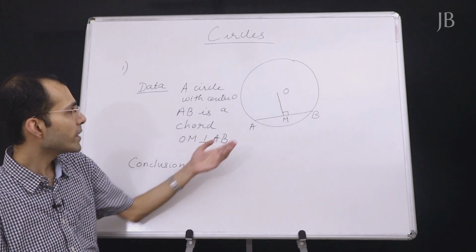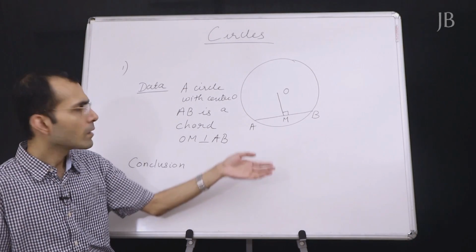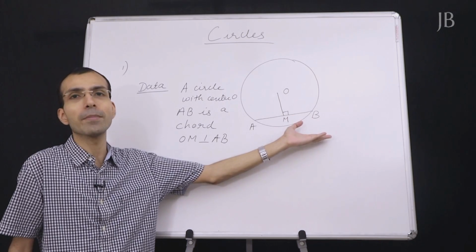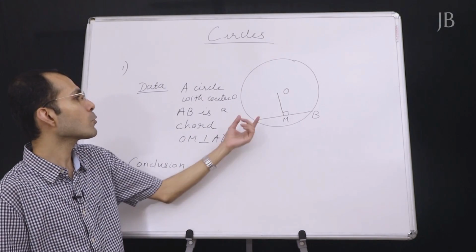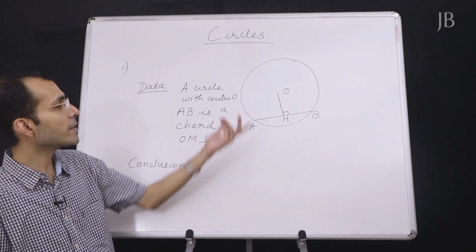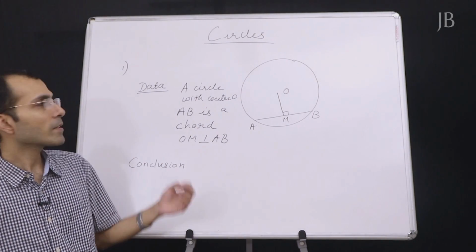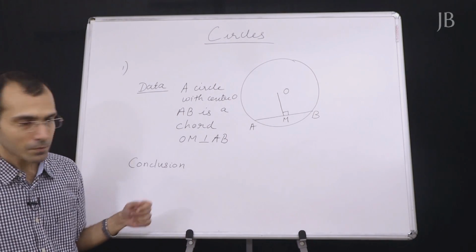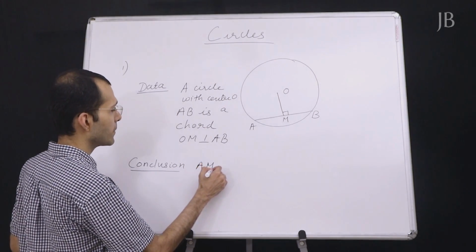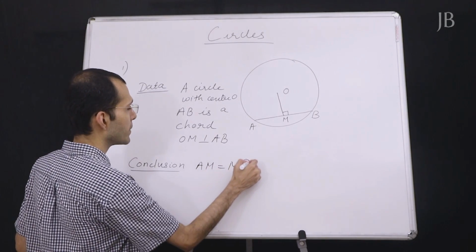Now what we did, we never took M as the midpoint. We simply drew OM perpendicular to AB. Our intention was never to make AM and MB equal. However, it automatically turned out to be equal. So now this gives rise to a concept. Our conclusion is AM is equaling MB.